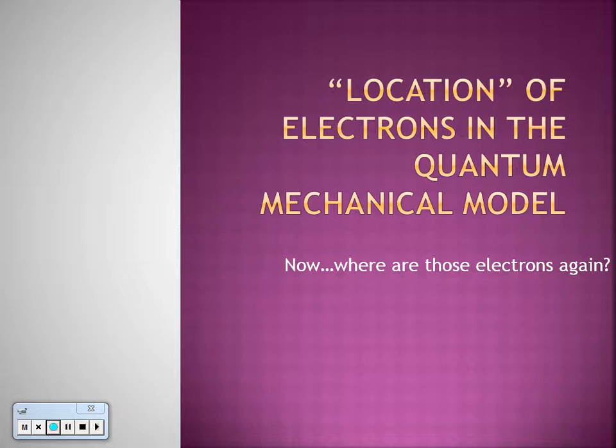What does an orbital represent? An area of high what? Probability, right? An area of high probability of finding an electron. But where could an electron actually be? Anywhere, right? But there are certain areas of higher probability where they are, we call those orbitals.